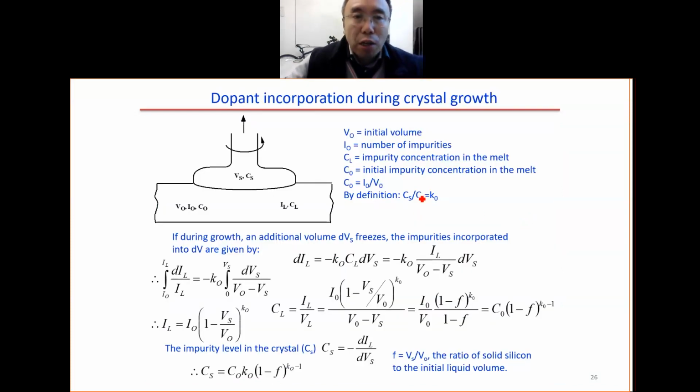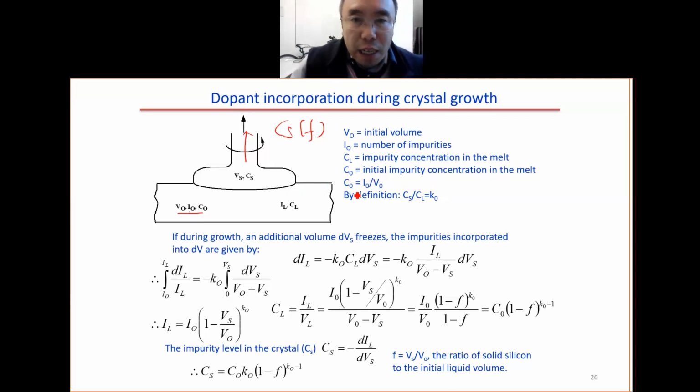Now we want to know the dopant concentration Cs as a function of the fraction of the liquid that has solidified. We want to know the dopant concentration along the boule, along the cylinder. At the beginning, we have the volume V0, I0 is the total number of impurity atoms, and C0 is the initial impurity concentration.